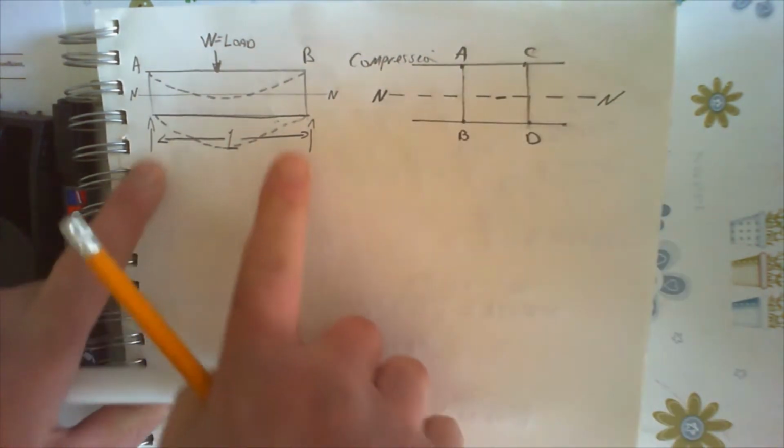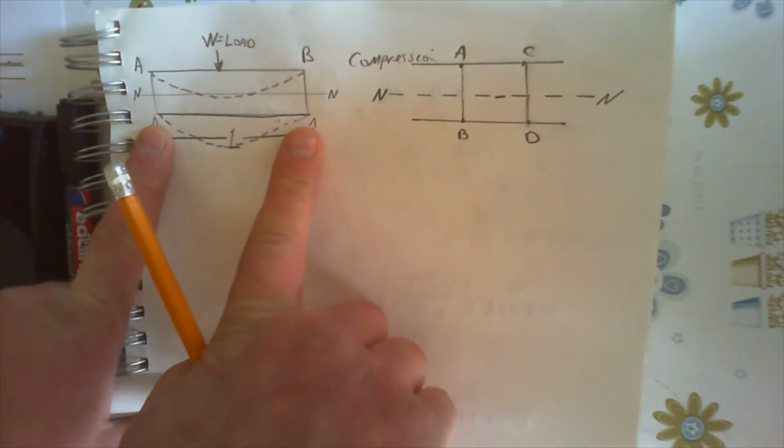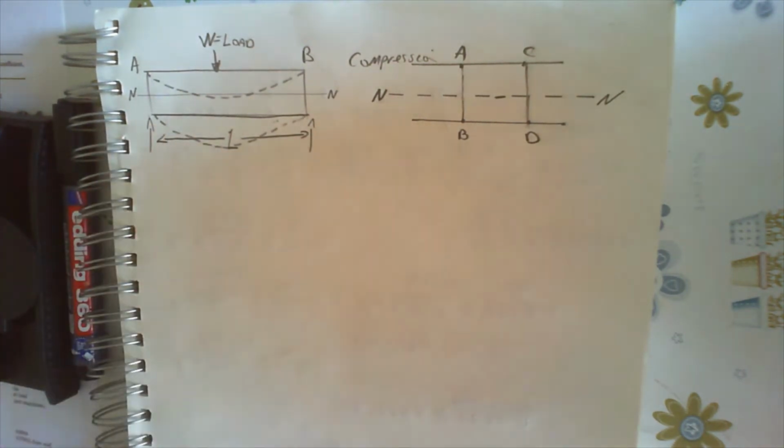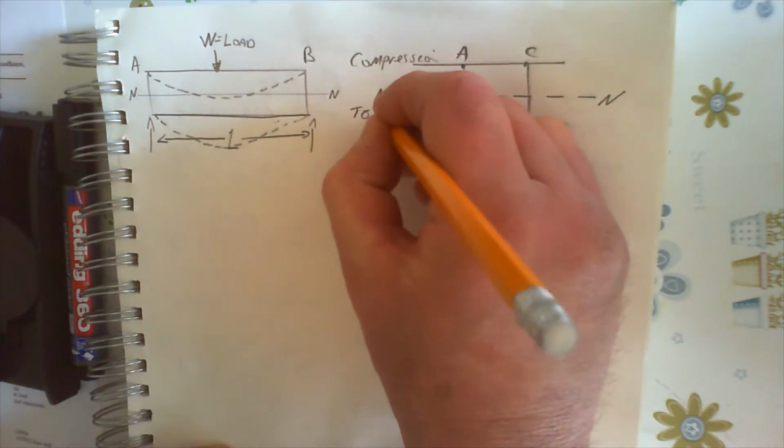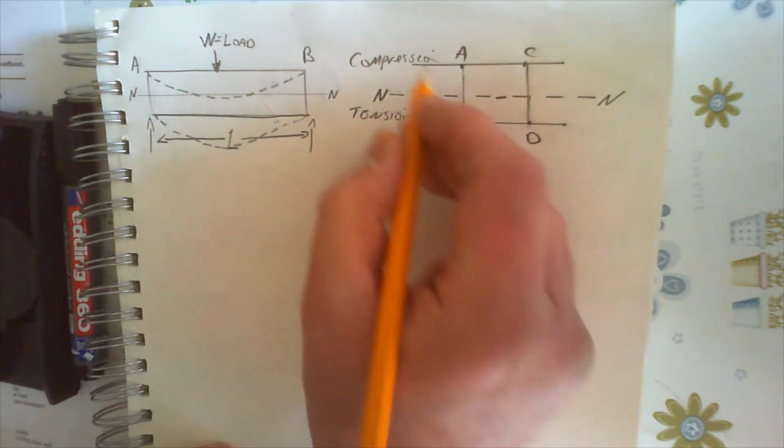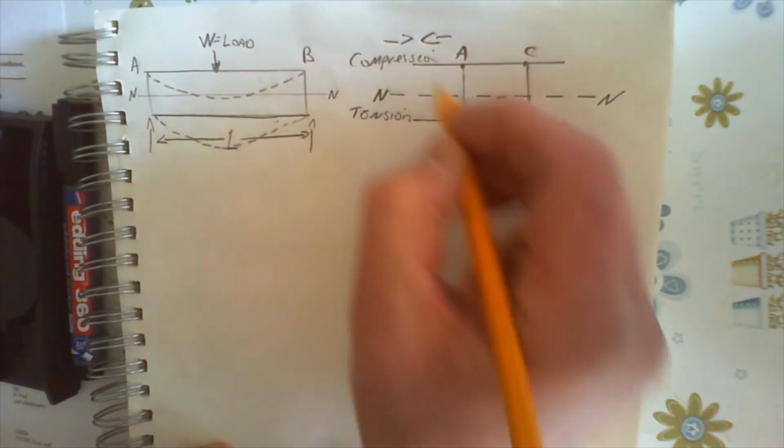This is for a simply supported beam like this. It can change depending on the setup, but on the bottom here we're always in tension.